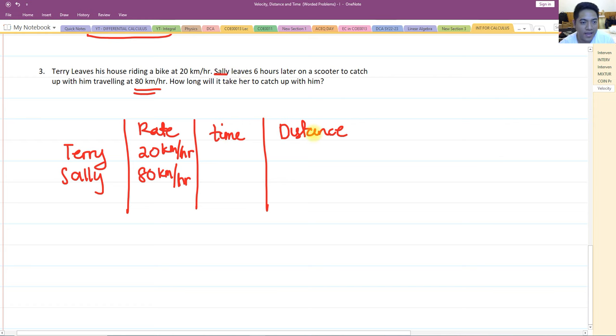So let's label the time Terry leaves as T, and 6 hours later Sally started to leave to catch up with Terry. So that means the time is T minus 6, because that is the time Sally leaves. If we compute for the distance, RT equals D, just multiply the parameters.